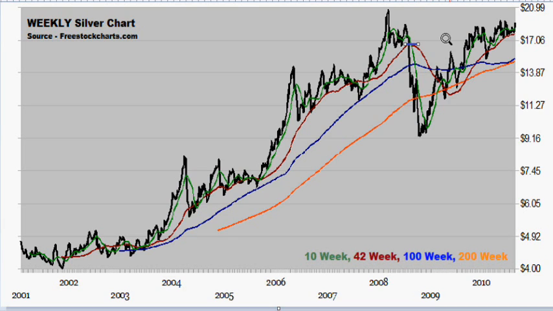Nor did we find support at the 100-week. Nor did we find much support at the 200. We found a little at the 200, but not much. But on the way back, as far as the 42-period moving average is concerned, it was resistance here, and support, and support. So that's very, very strong as it has been held as support.